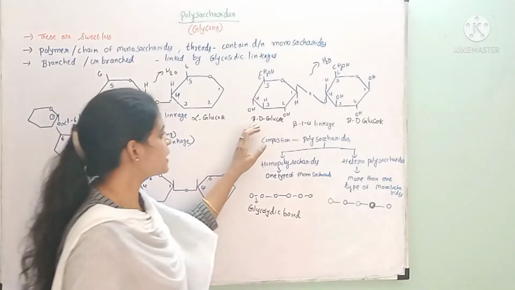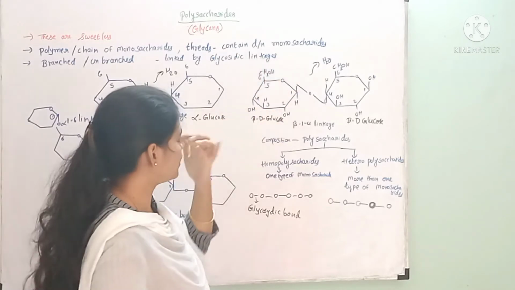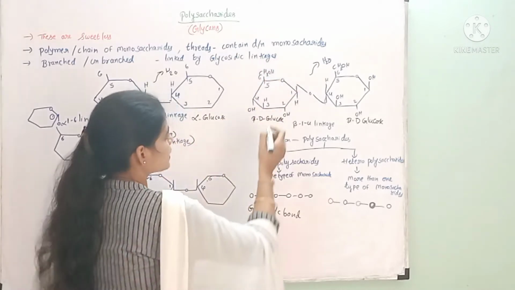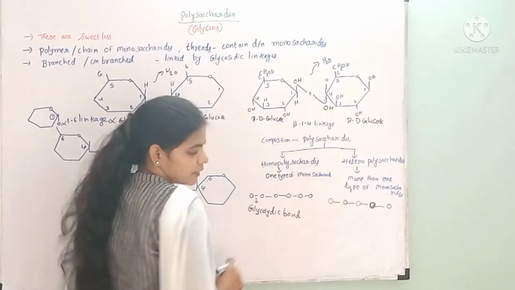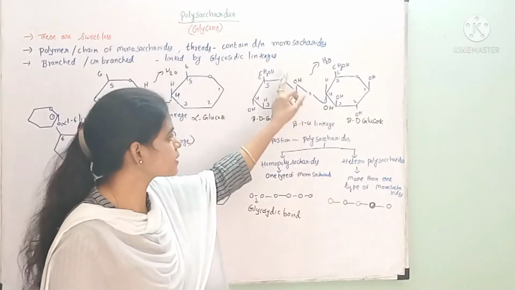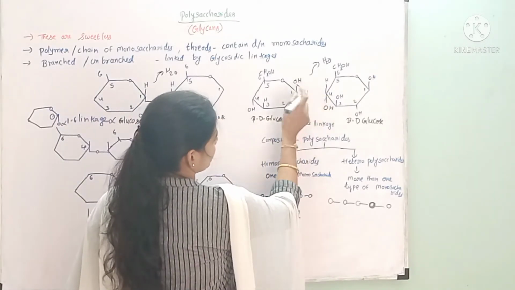Whereas in beta D glucose, the configuration of hydrogen and hydroxyl changes, so the hydroxyl comes to this side. Between these two there is a linkage. How does this occur?